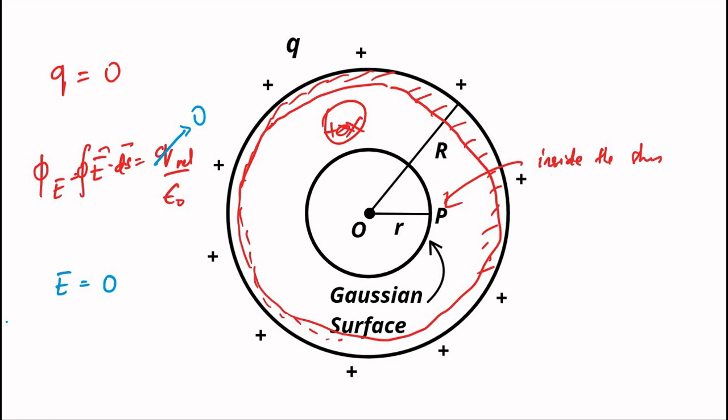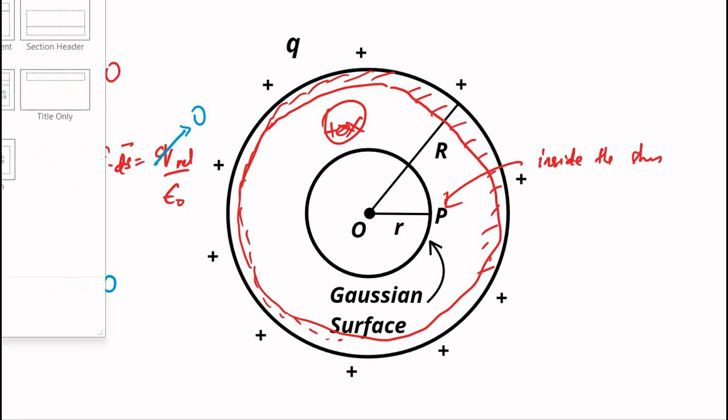So here, if we try to draw a graph, we have the x-axis and y-axis.